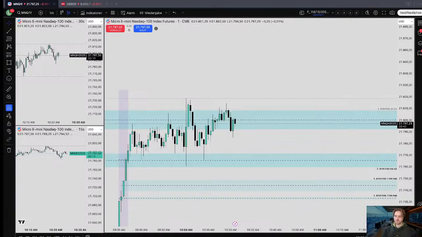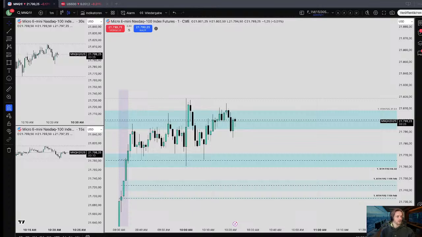I think tomorrow or the day after tomorrow, let me see the news. Tomorrow we've got core CPI, and on Thursday we've got PPI. This will make a huge impact.